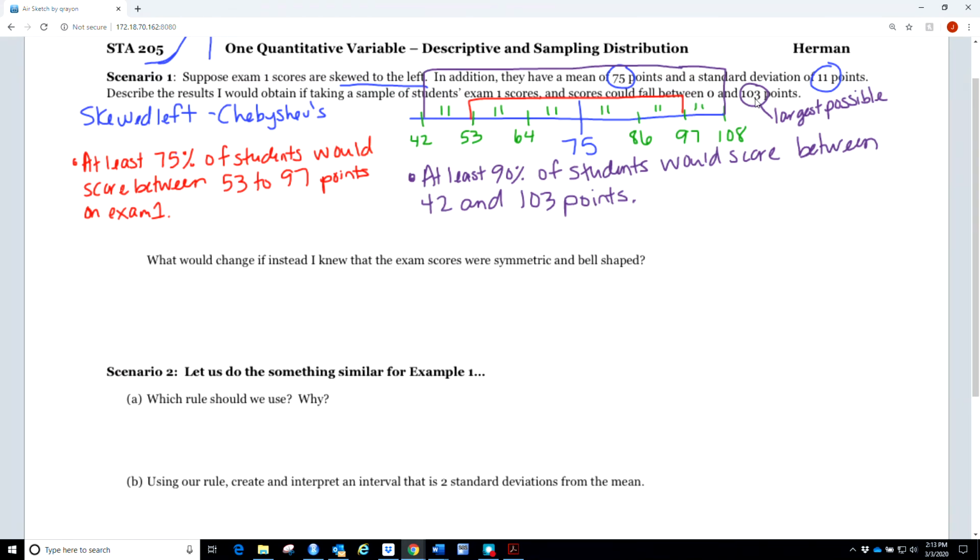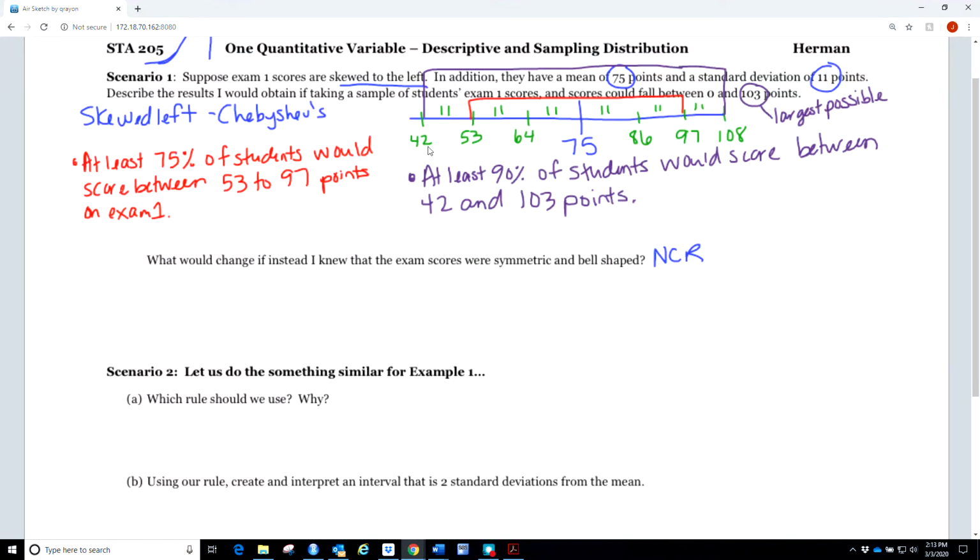The next question asks us what would change in this problem if instead I would have known that the exam scores were symmetric and bell-shaped. Well, if I would have known that, then the normal curve rule would apply. So what would be different? Well, first, the math up here would not be different. The mean is still 75 and the standard deviation is still 11.